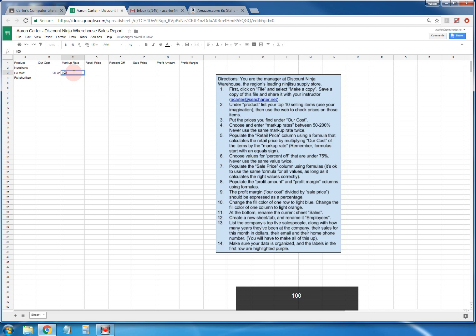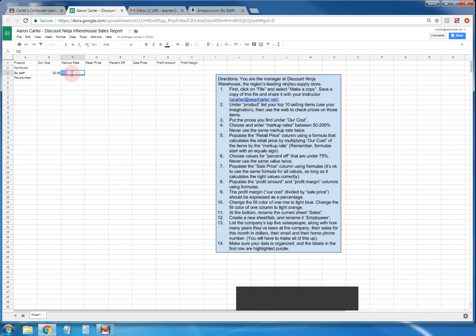The thing is, is 100% equal to 100? It's not. Remember, when you convert percentages to decimals, you need to move the decimal place over 2 places.